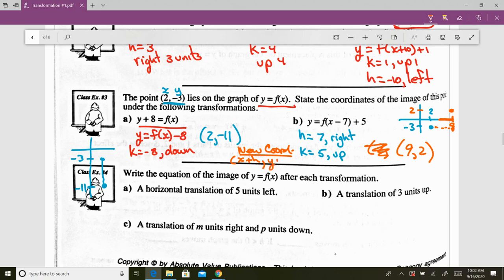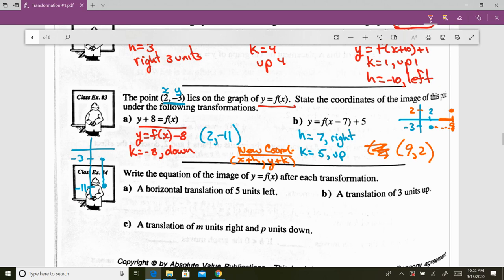And the Y value plus K. So if you think about it, this one, the new coordinate is going to be -3, the original Y value, plus whatever K is. K was -8. So -3 plus -8 is -11.